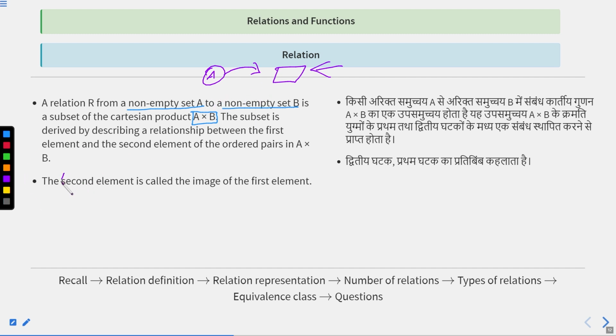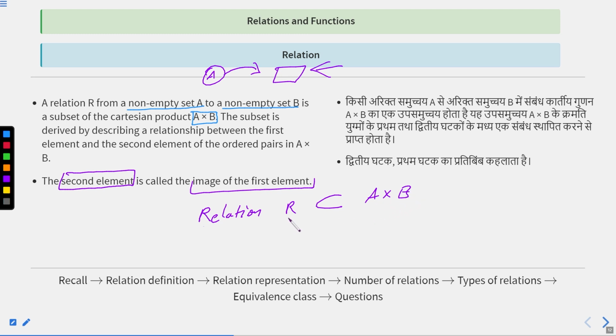And the second element, we call it the image of the first element. So this relation R is equal to a subset of A cross B.